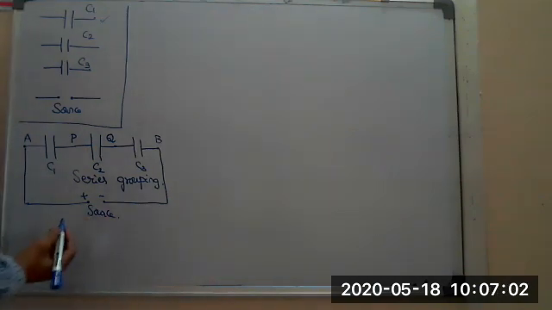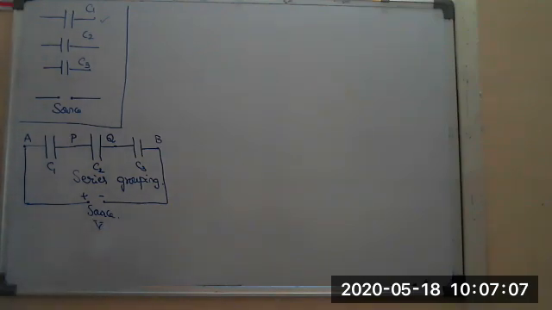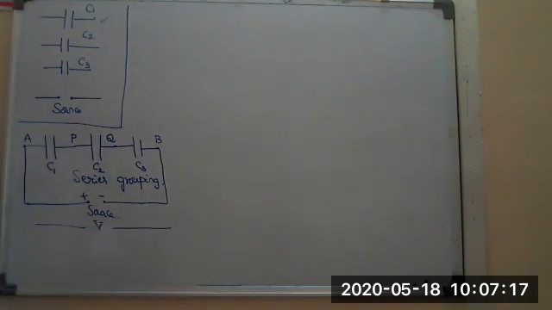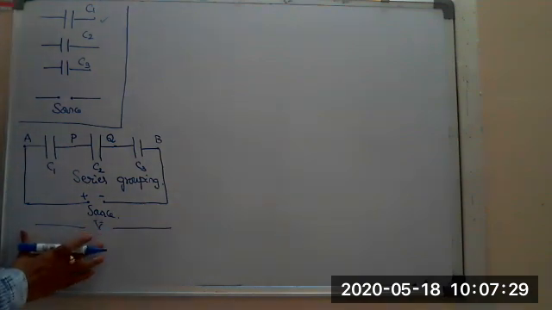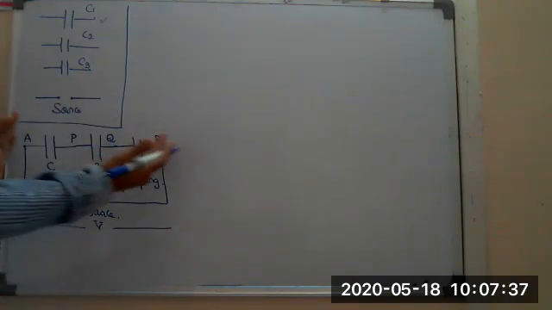Next, suppose the potential difference that it can maintain is V. That potential difference is actually given across the ends A and B. Across the ends there are actually three capacitors.